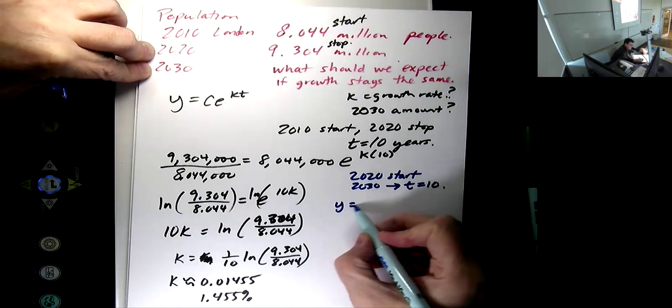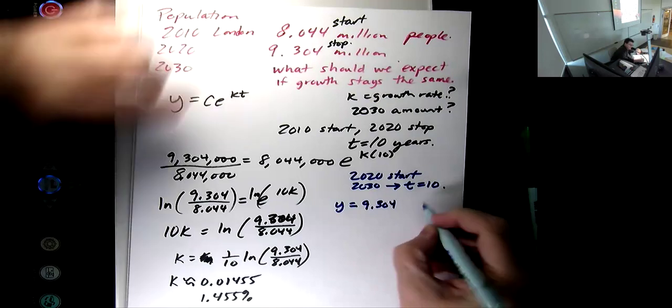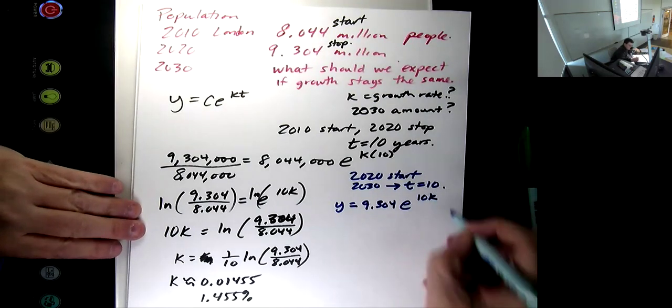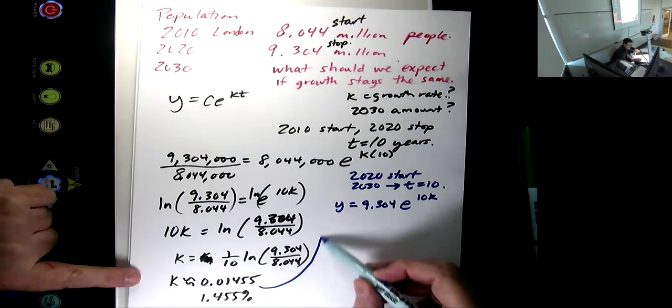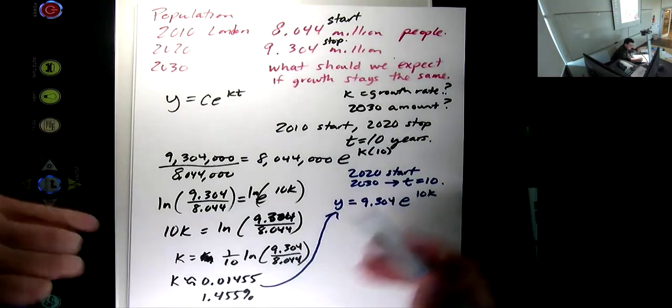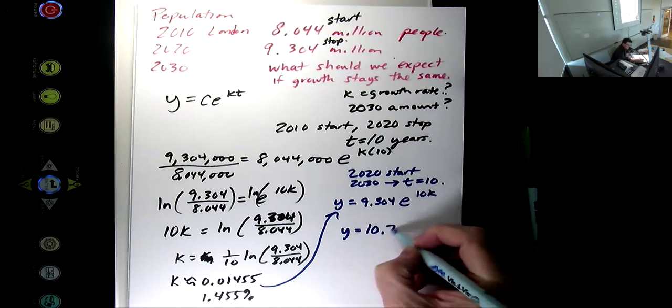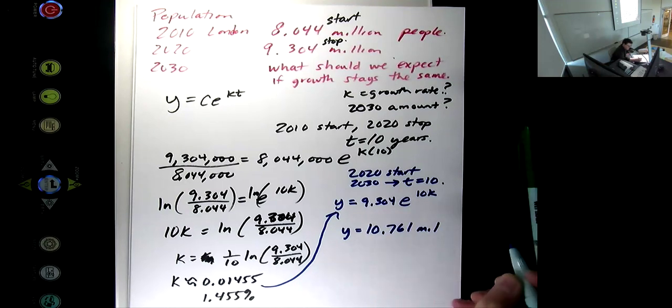So Y equals, my start is now 9.304, E to the 10K again, but now we have K. If you work this out in a calculator, you will get approximately 10.761 million.